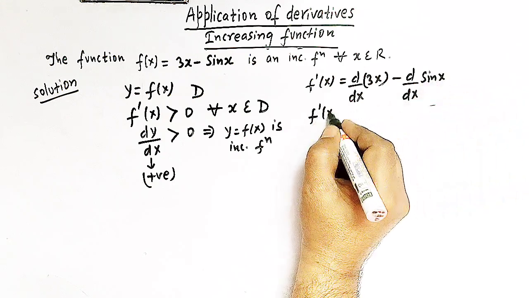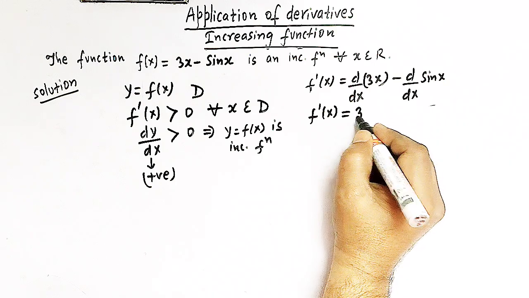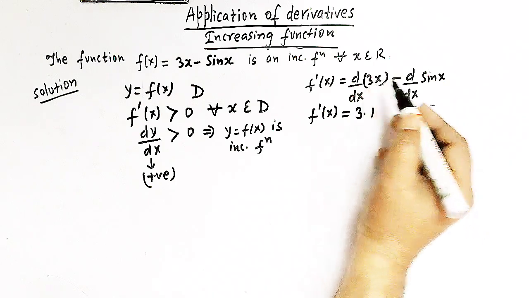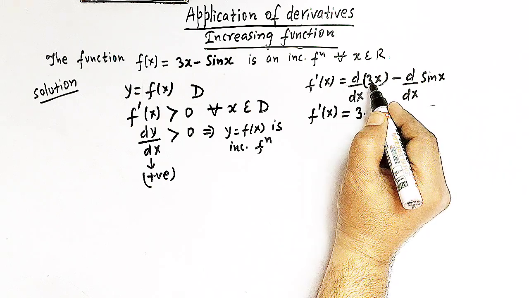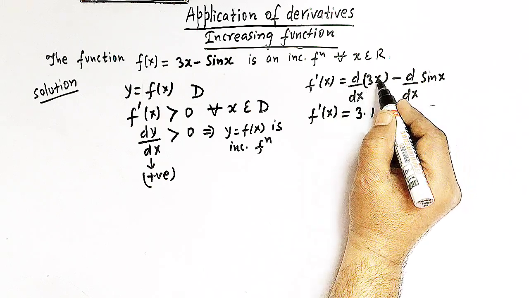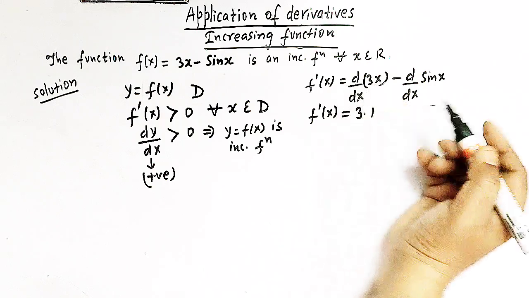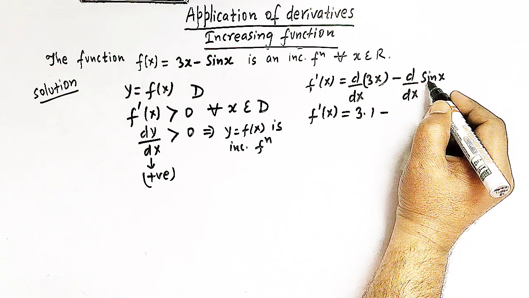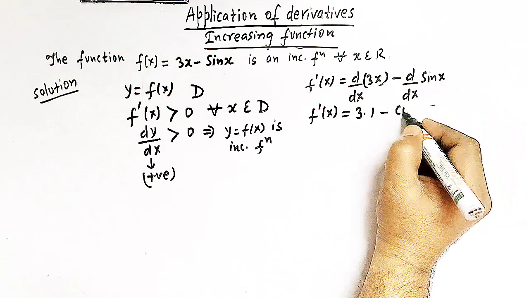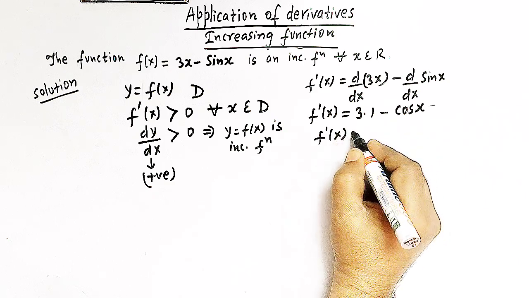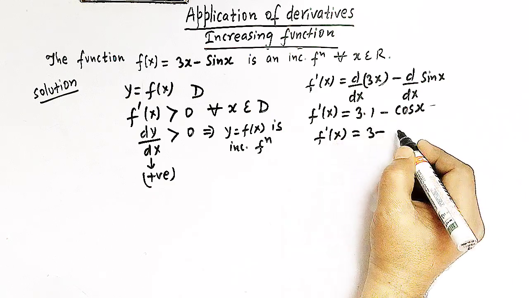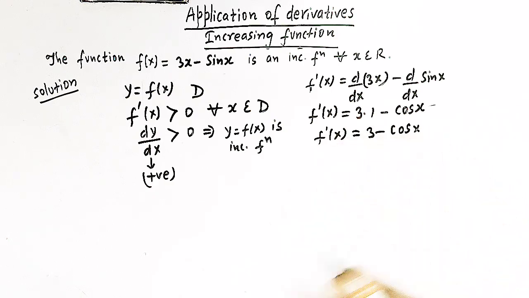Now f prime of x is equal to 3 times 1, because we can take this 3 outside this derivative operator, and the derivative of x with respect to x is 1, and the derivative of sine x is cosine x, right? So f prime of x is now equal to 3 minus cosine x.